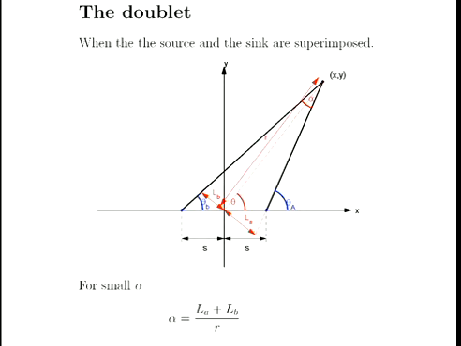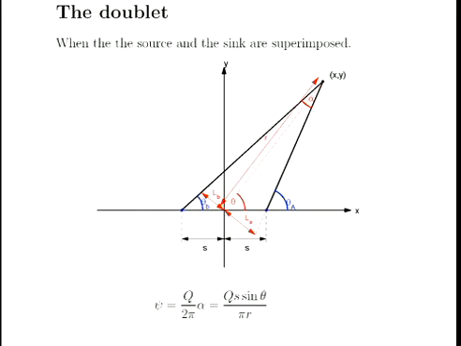So alpha is going to asymptote towards LA plus LB divided by r, which is just 2S sine theta divided by r. And now all I've got to do is plug that back into my equation for the stream function, and I can just write that the stream function for the doublet is just equal to qS sine theta on pi r.